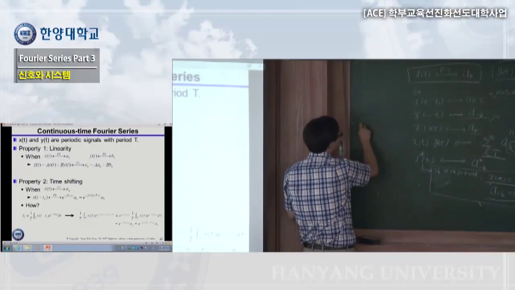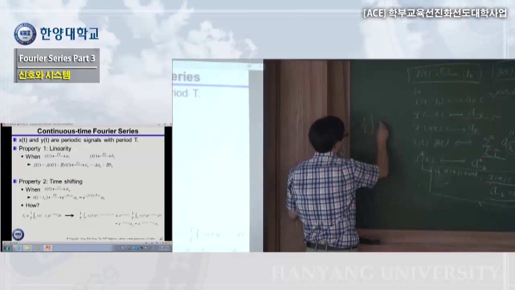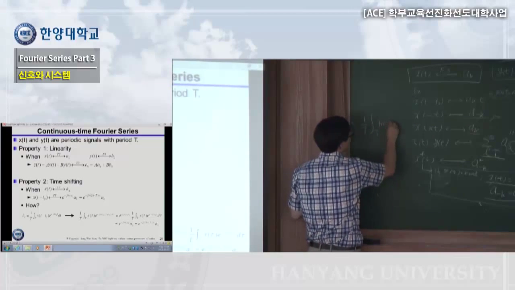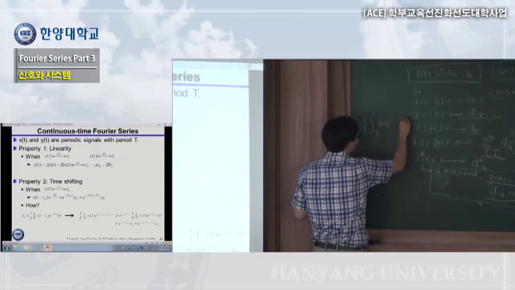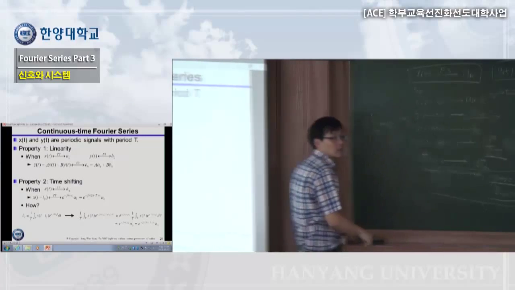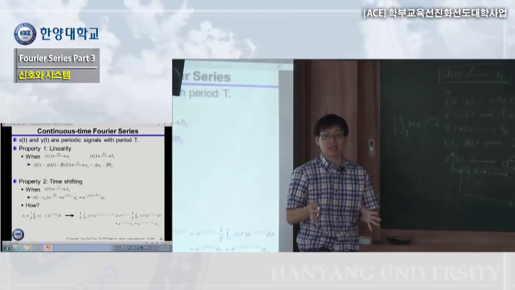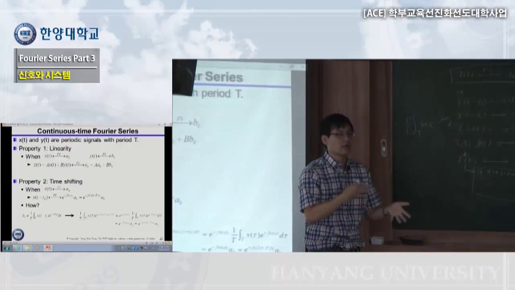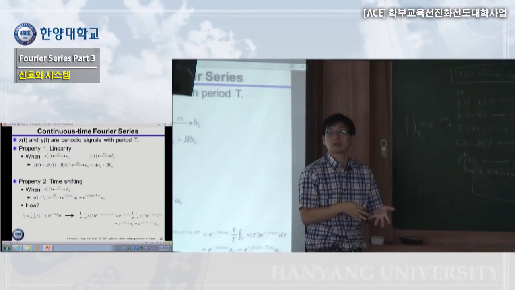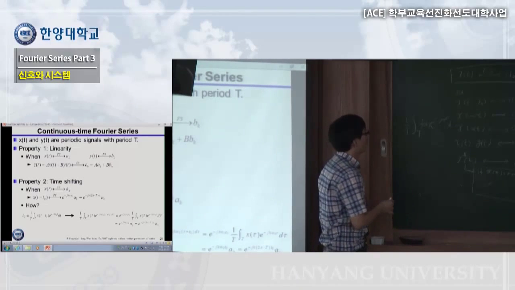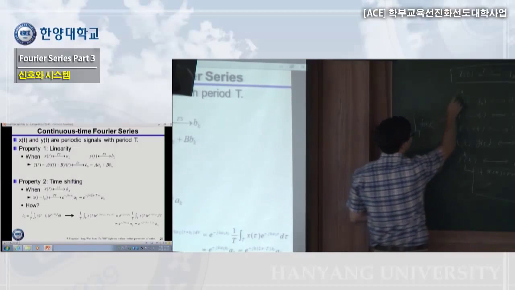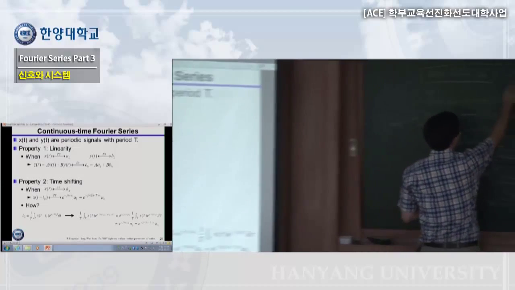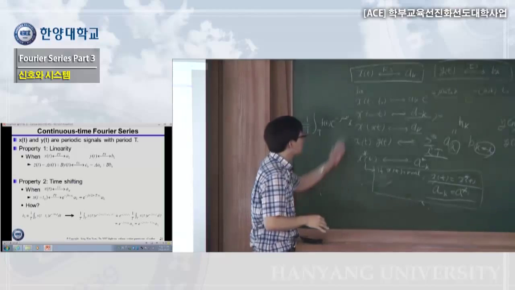To find the Fourier series coefficient, we have learned that we have to put the function, do exponential minus j omega 0 kt dt. We solve this integration. That's how we find the ak or bk so far. But we cannot do that all the time. That's really time consuming. So assume that we already know this value in x or this value in y, and try to find something similar.